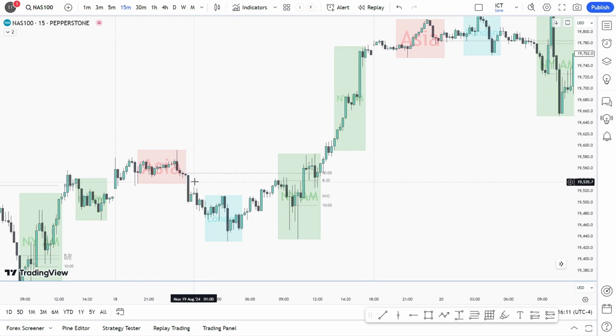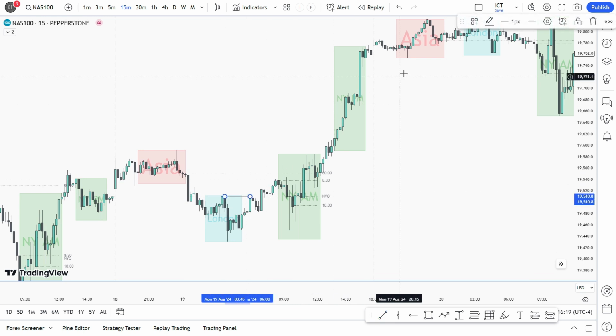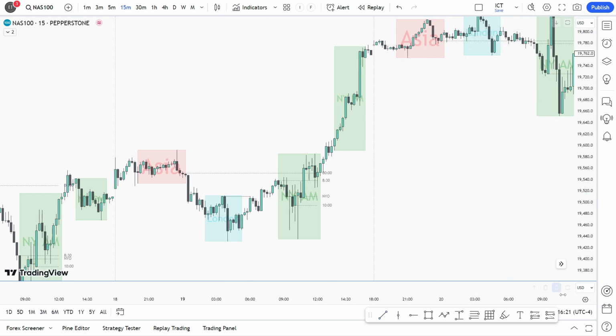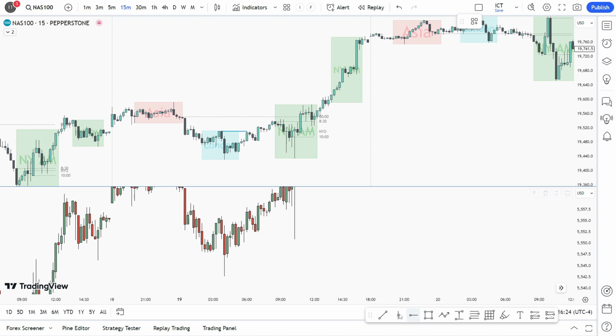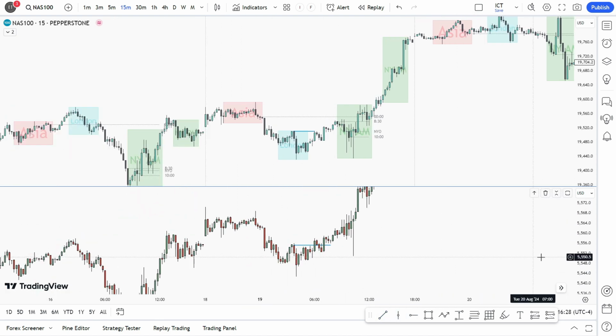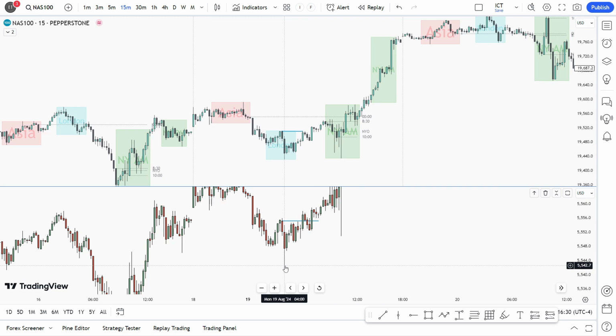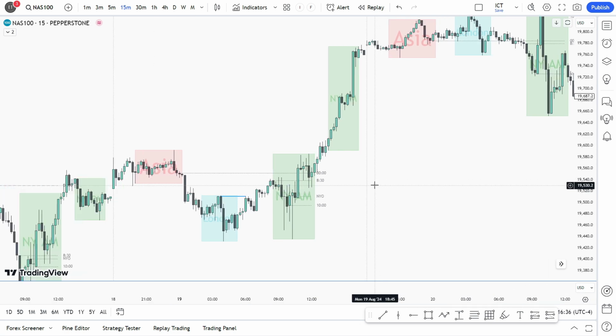So we had Asia consolidation, and then we had a London reversal right at 4 a.m., confirmed by this change in state of delivery, which is a bit cleaner on the ES. We had a reversal right at 4 a.m. and then New York AM and PM session expansion to the upside.